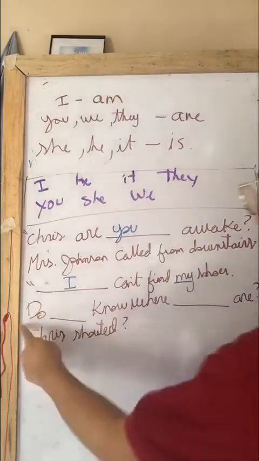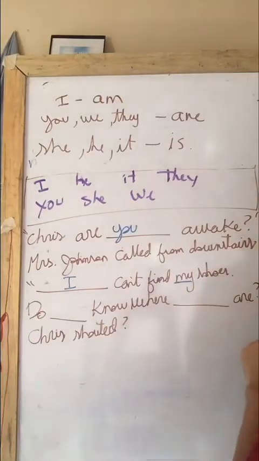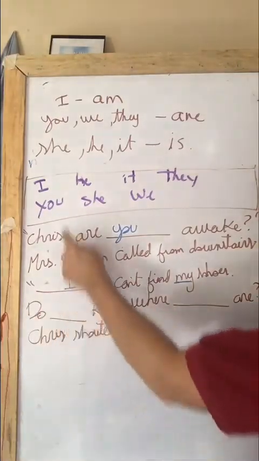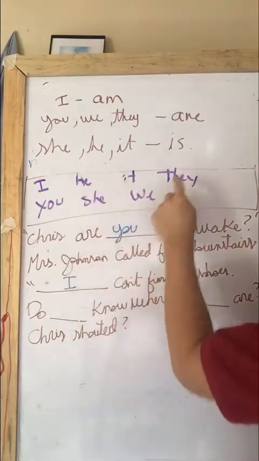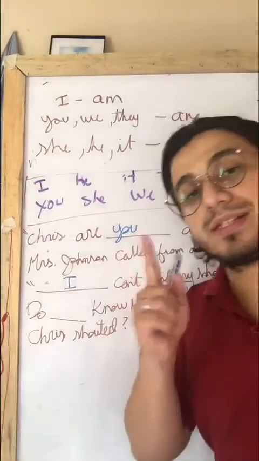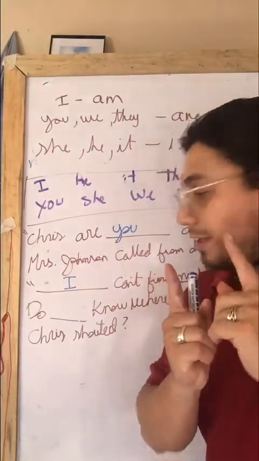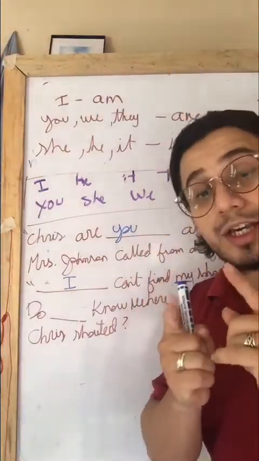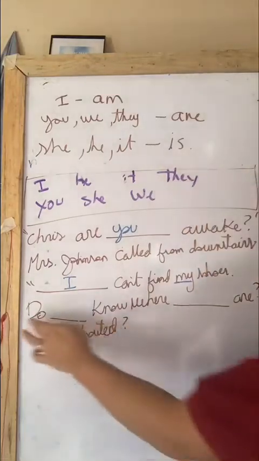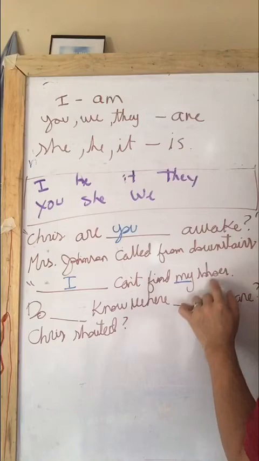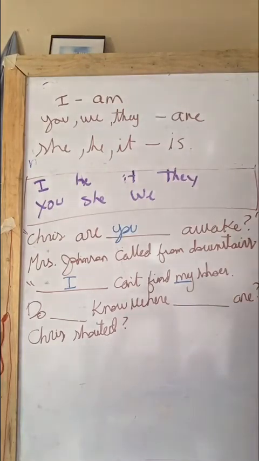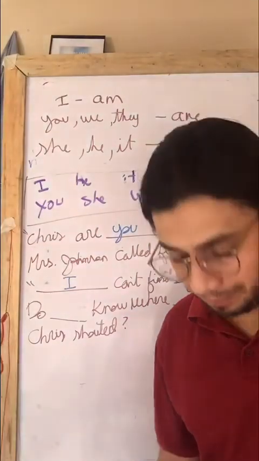And then, do know where they are? Do who? Do I? Do he? Do it? Do they? Remember that it's Mrs. Johnson and Chris that are talking. So in this case, do you know where? We're talking about shoes. And then you are going to complete it like that.